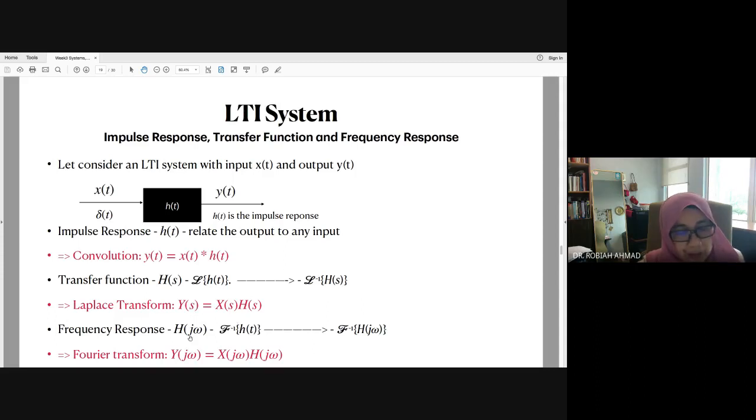And this we call the Fourier transform. Doing that we use the Fourier transform equations, or properties, or rules. Later on you will learn that. Okay, so these are the connection, or the relationship, between the impulse response, transfer function and frequency response.